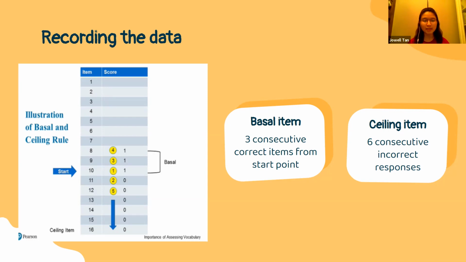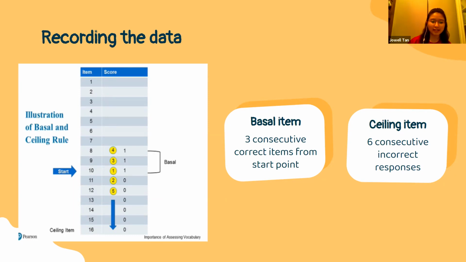If the examinee did not attain 6 consecutive zeros in a test, the last test item will be considered the ceiling. This happens especially for older examinees who begin at a larger item number. The assessment is completed once a basal and a ceiling have been established.